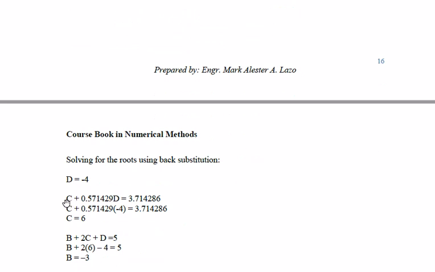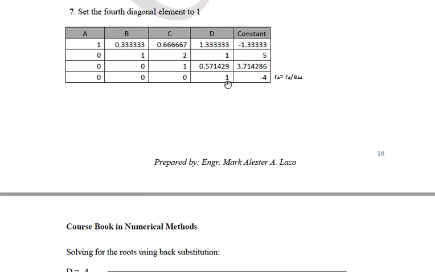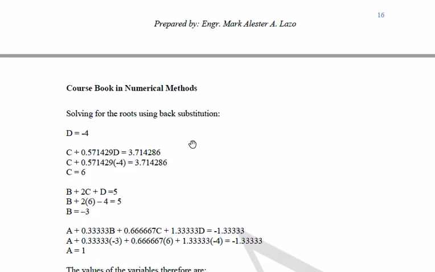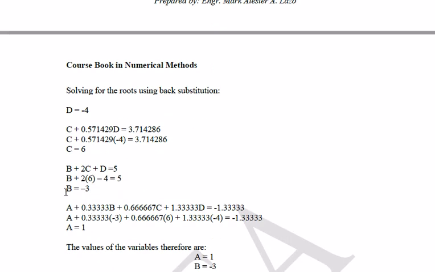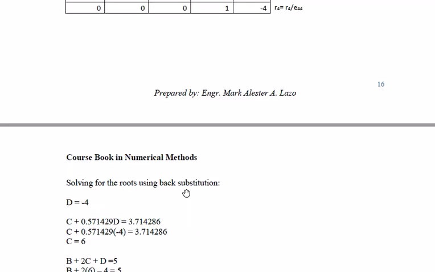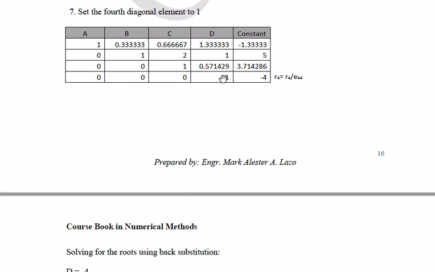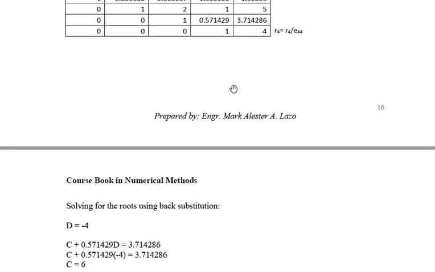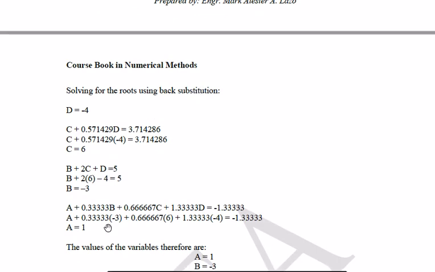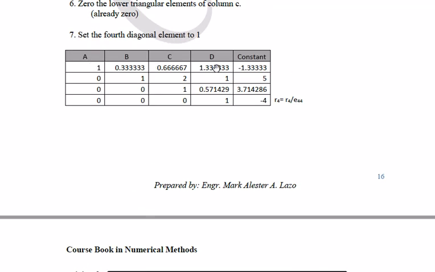But we already have the value of D, so we substitute it, then we get the value of C. We do the same: we have the value of C and D, substitute them into this equation, and we get the value of B. In this case, B is equal to negative 3. And if we have the values of B, C, and D, we can now get the value of A in this equation.